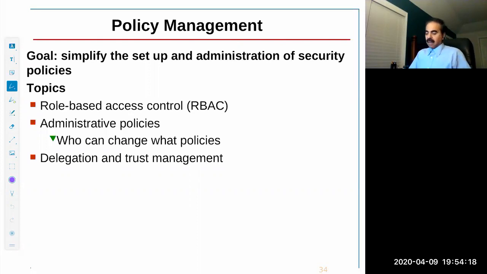But policy development is something that has to be repeated for every system and every organization. And so it's important to simplify the process of defining and managing these policies. We'll talk about a few different ways to do this.